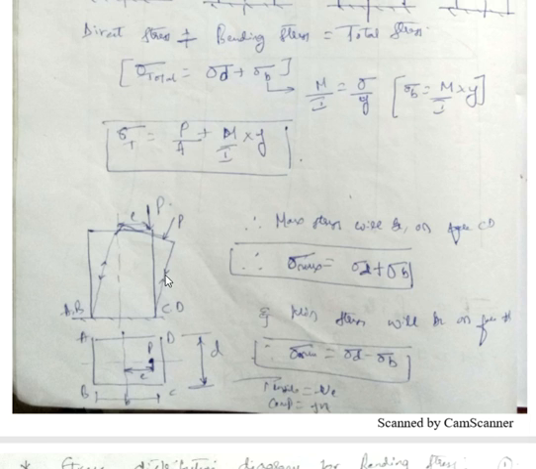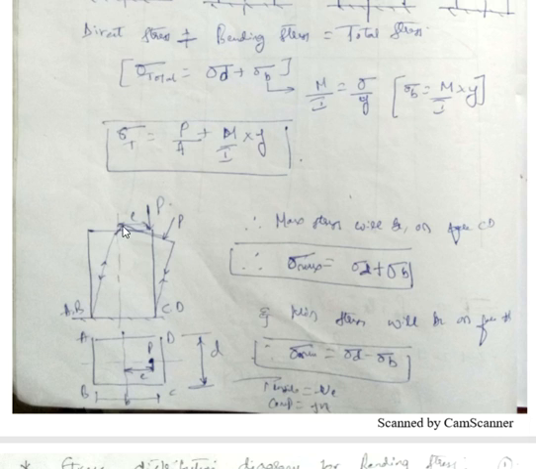That means along this layer, at corner C and corner D, because of direct stress I get compressive, and because of bending stress also compressive, so I am going to add both. So at corner C and at corner D, I am going to get maximum stress because both are getting added.